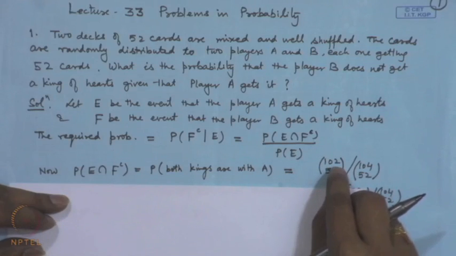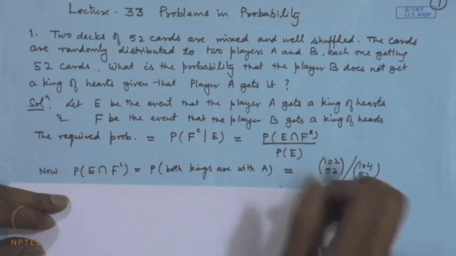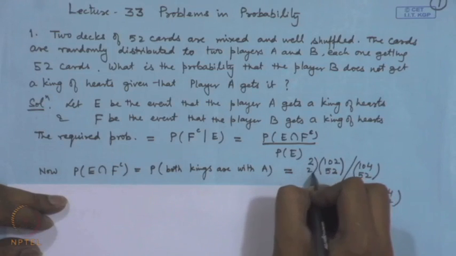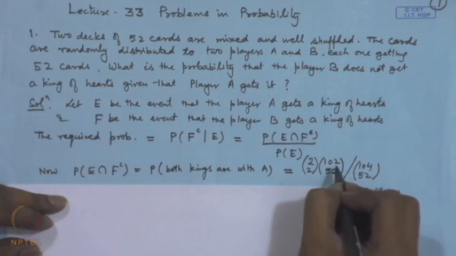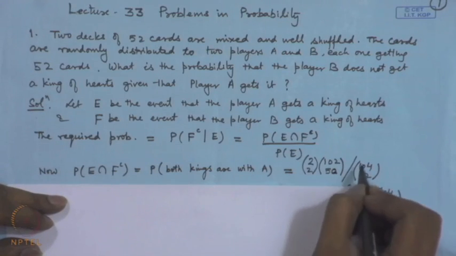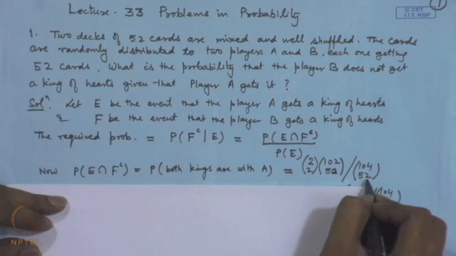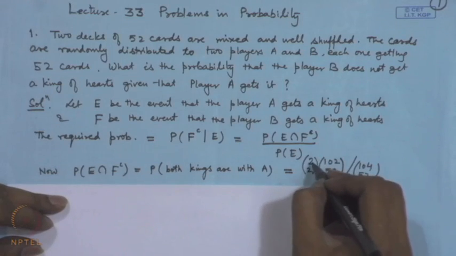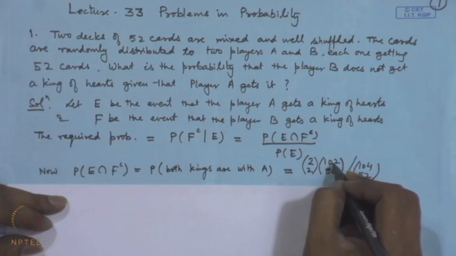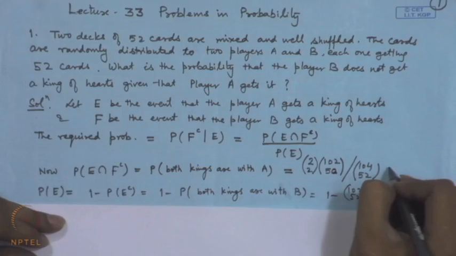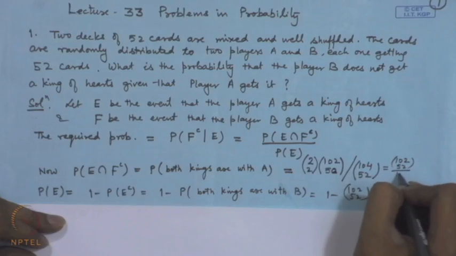That means, we can write it like this: 2C2, he gets both the kings, and out of the 102 remaining cards he gets the remaining 50 cards, divided by 104C52. This is the total number of ways of distributing 52 cards to player A out of 104 cards. Out of this he gets both the kings. Two kings were there, he has selected 2, and out of the remaining 102 cards he gets 50 cards. So, this is also equal to 102C52 divided by 104C52.